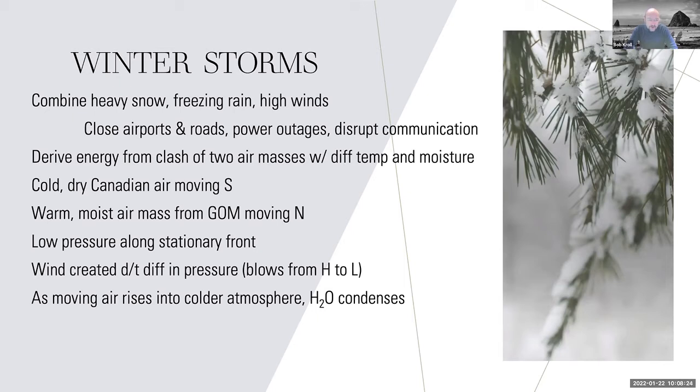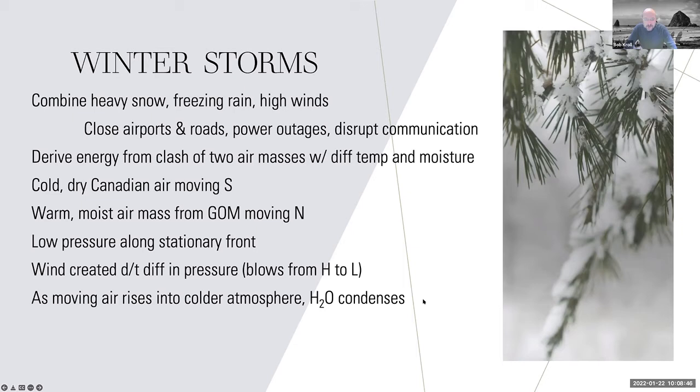Usually the cold, dry air comes from the north, moving south out of Canada, and warm, moist air from the Gulf of Mexico moves north. High winds come from a pressure differential from high pressure to low pressure.